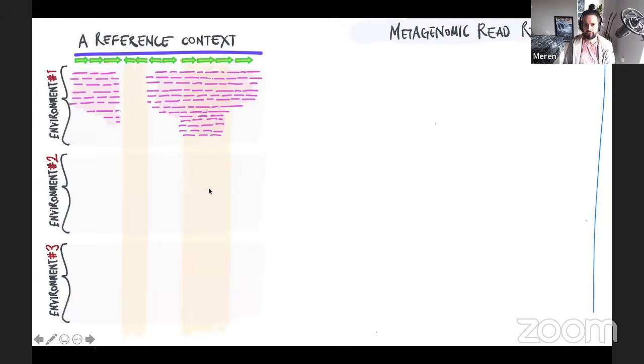And let's say in metagenome 2, this is the kind of coverage we get. So this is how short fragments of environmental genomes match to this context. So in this environment, you realize that the entirety of the genome is detected, is present.